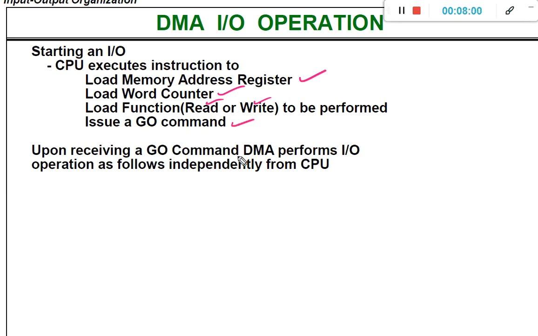Upon receiving a go command, the DMA, direct memory access, performs the IO operation independent of the CPU between the IO device and the main memory. That is called the direct memory access operation.